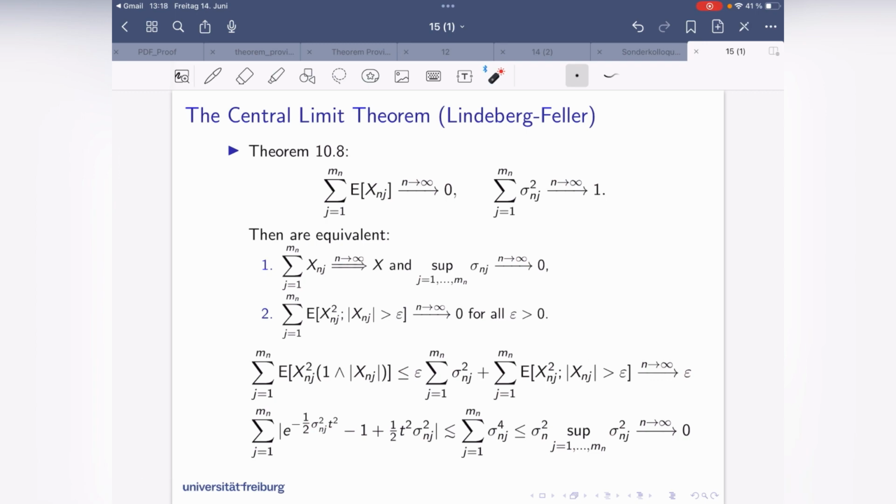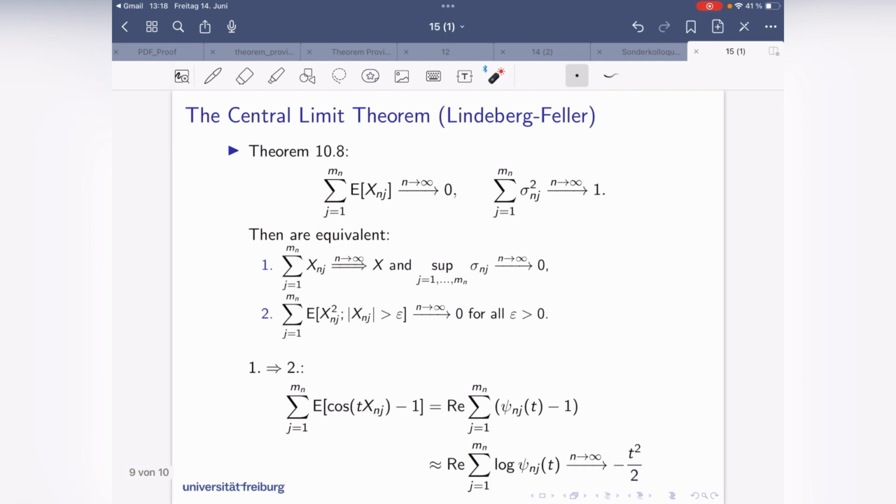Let me also say a bit about the not so interesting part, which is 1 implies 2. There are some calculations involved. I will not do that very precisely here, just approximately.